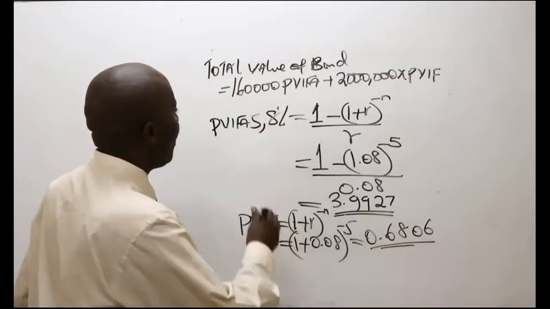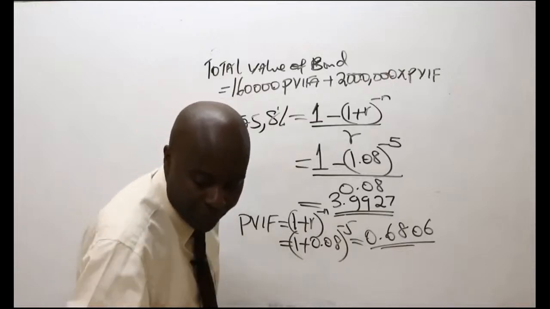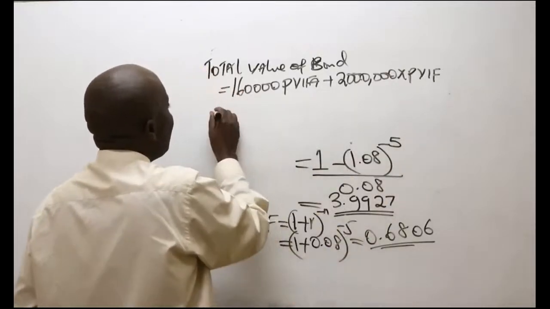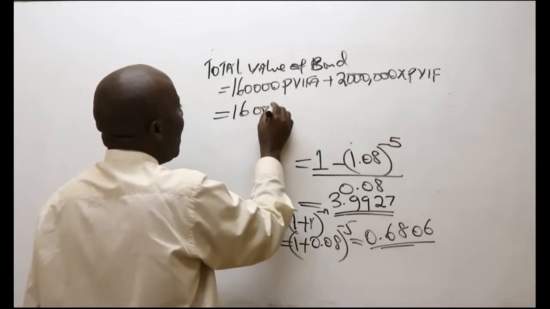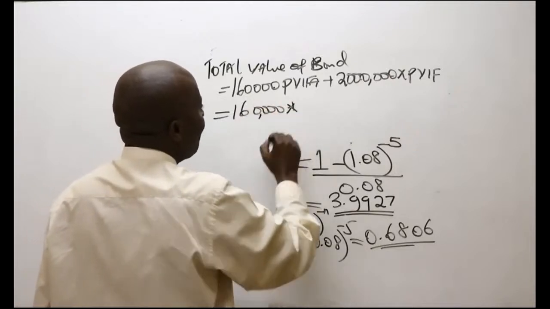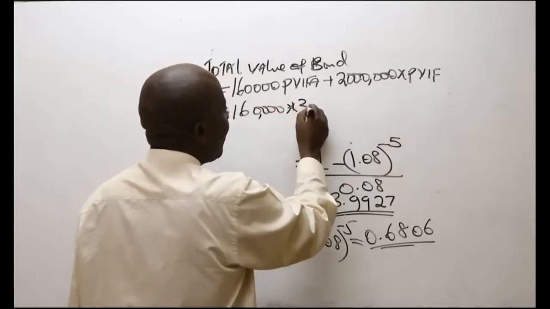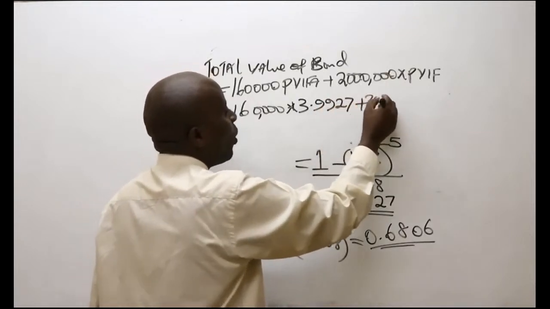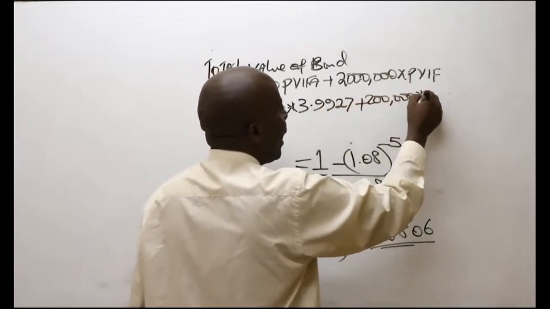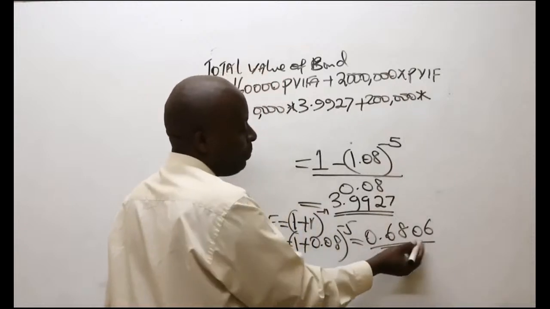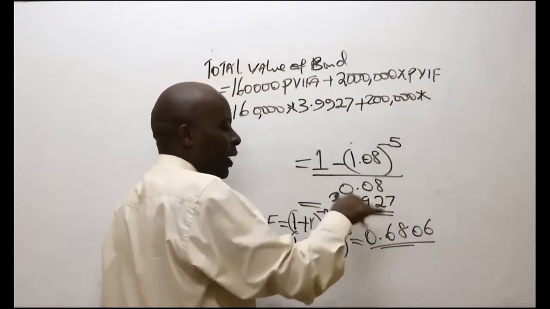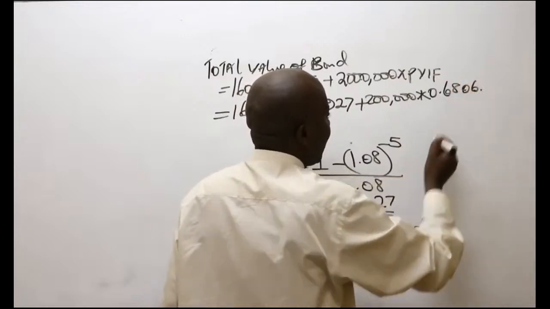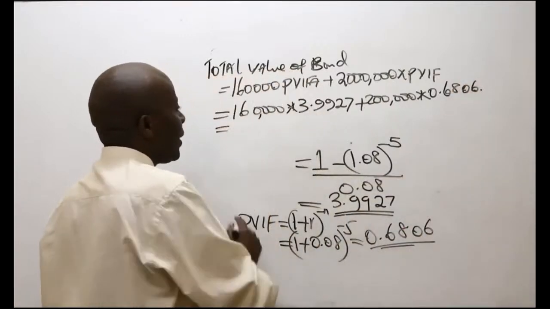So at the end of the day, this is what we shall be having: 160,000 multiplied by our PV factor, which is 3.9927, plus 2 million multiplied by our present value interest factor of lump sum amounts, which is 0.6806. So please come and give us this.